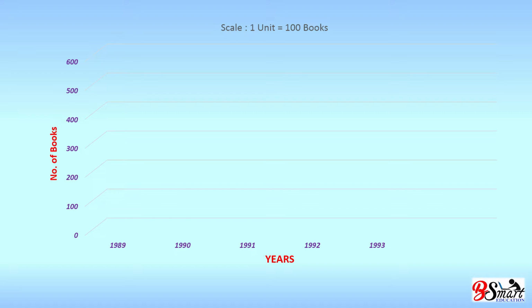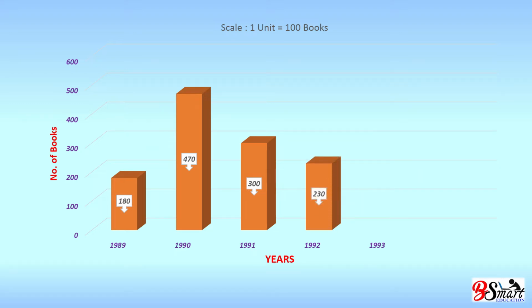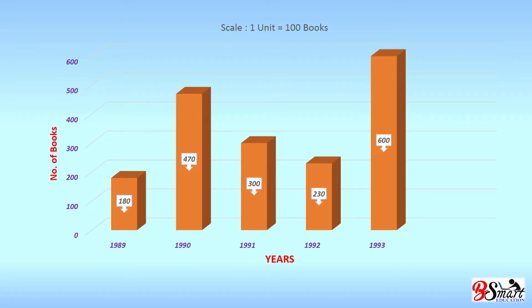On x-axis shows year and y-axis shows number of books. So, year 1989, 180 books. Year 1990, 470 books. Year 1991, 300 books. Year 1992, 230 books. And year 1993, 600 books.